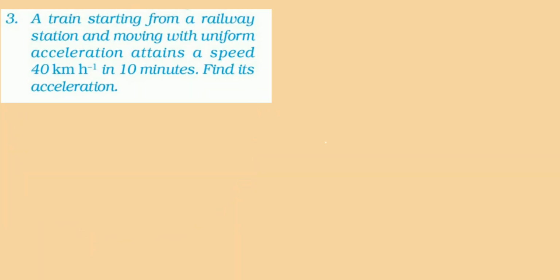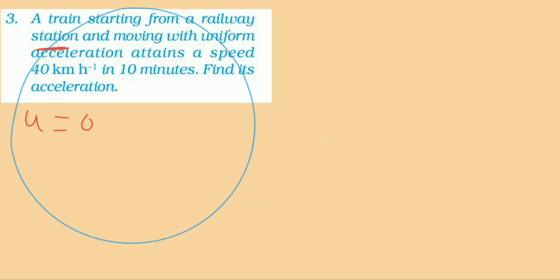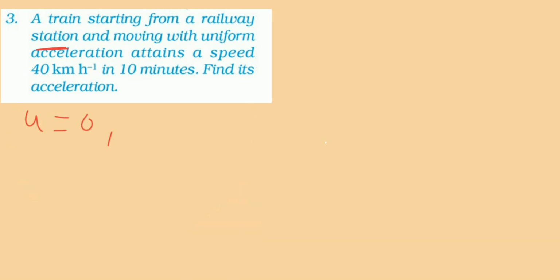Now question number 3. A train starting from a railway station and moving with uniform acceleration attains a speed of 40 km per hour in 10 minutes. Find its acceleration. What is given? Train starting from a railway station means U would be 0, because at the railway station the train is stopped.